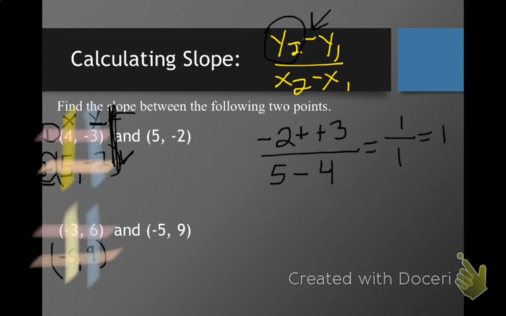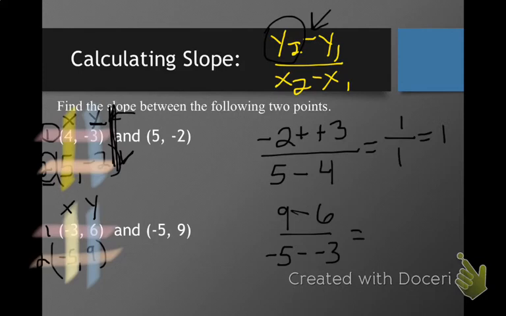Sorry, x and y. So how can I use that again to help me? Well, y from number 2 is 9, y from number 1 is 6, x from number 2 is -5, subtraction always, and x from number 1 is -3.